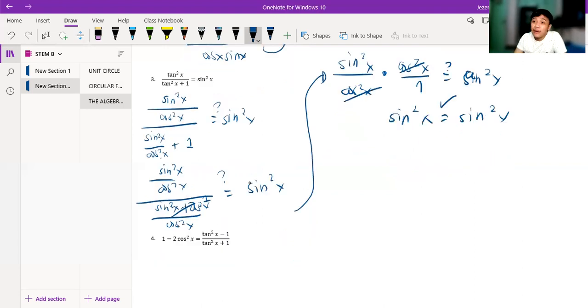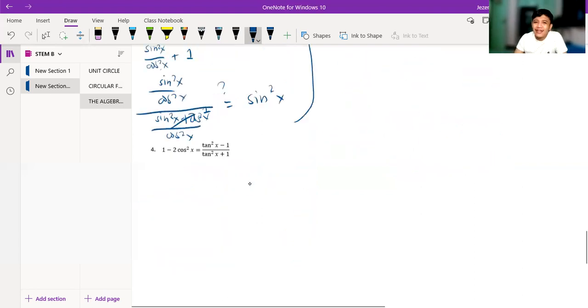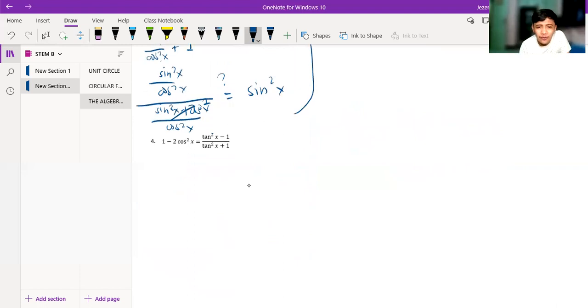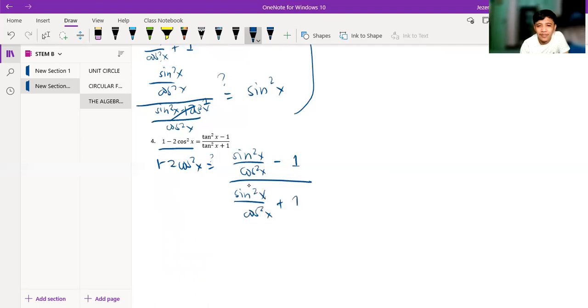So, simple basta meron tayong listahan ng identity. Okay? So, alam natin kung paano lumitin. Okay? So, like example natin. So, therefore, dadalhin natin siya dito. Okay? So, 1 minus 2 cosine squared x is equal to, so tangent squared x, so sine squared x over cosine squared x minus 1 over, itong nasa baba, ganun din. Yun nga lang plus. Okay. And then, walang problema. Butterfly method lang natin.